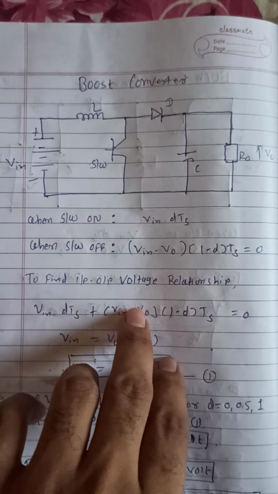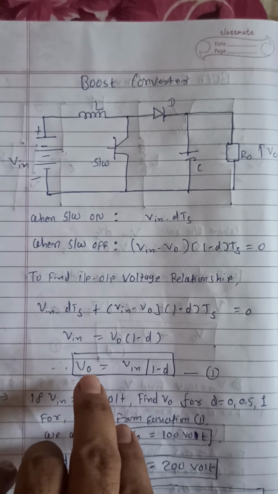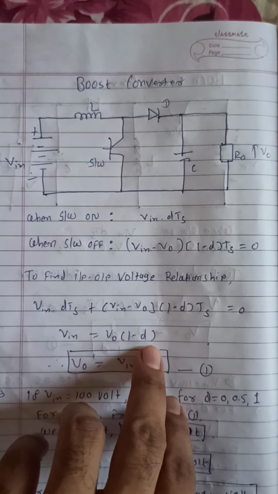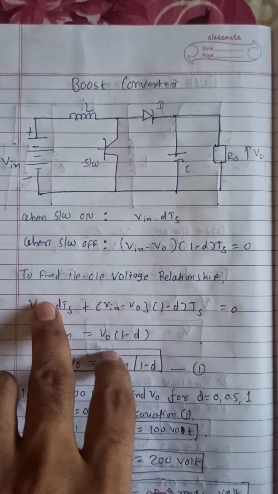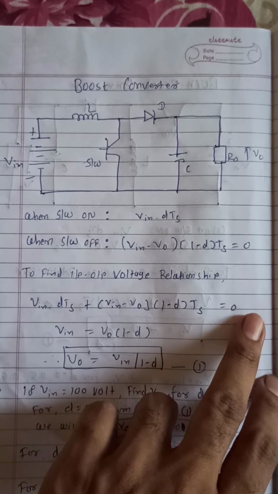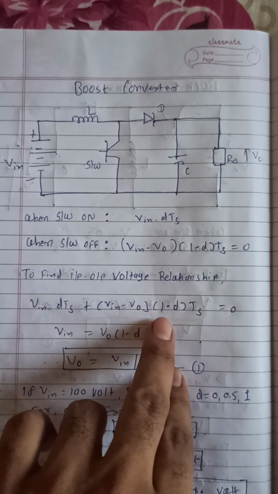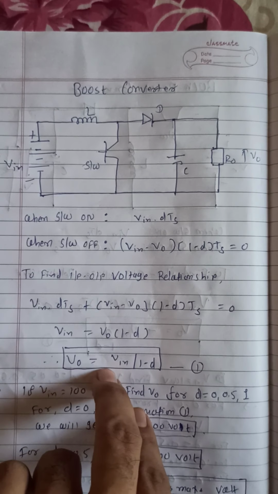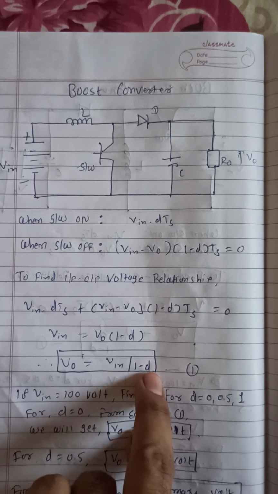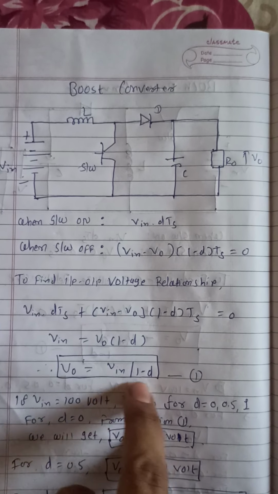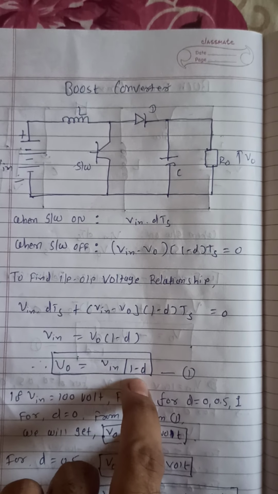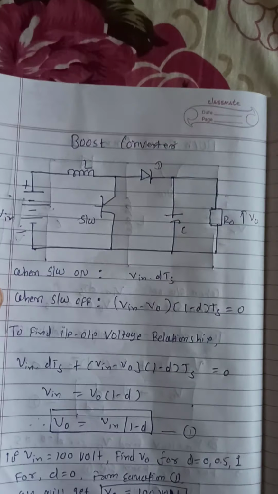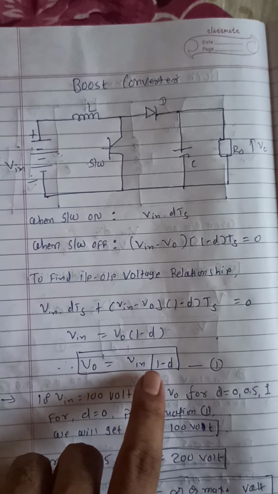From some mathematical manipulation, Ts is common so it will cancel out, and we get input voltage equals V0 into 1 minus D. With some basic manipulation, you will get this relationship: output voltage equals input voltage divided by 1 minus D. D is your duty ratio, and this is the relationship between input and output voltage.